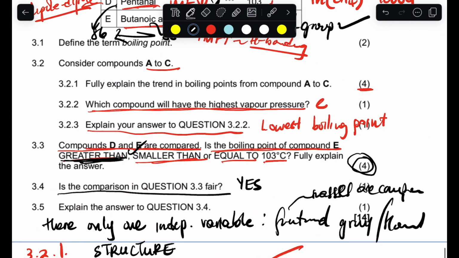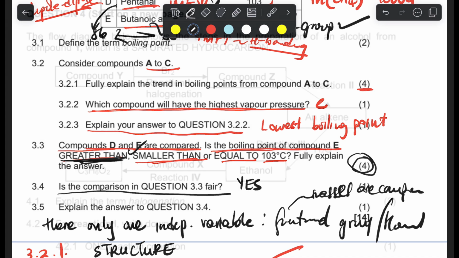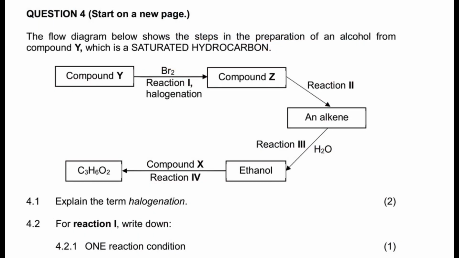Okay, guys, we're going to question 4 now. Question 4 is the reactions. The following diagram shows the steps in preparing an alcohol from compound Y, which is a saturated hydrocarbon.